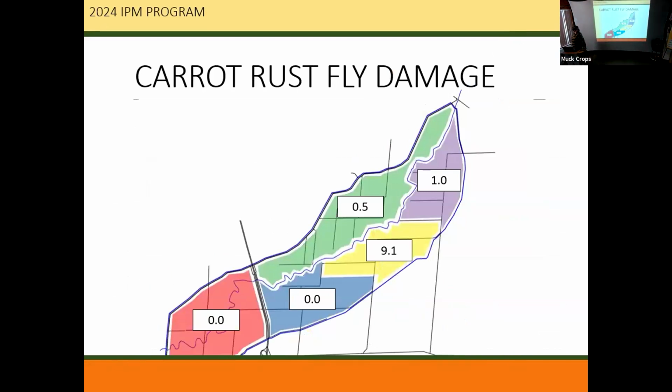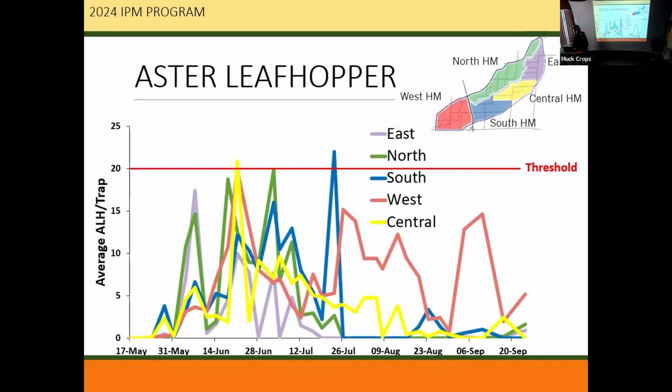That correlated with the damage we were seeing in the marsh: around 0.5% in the north, 1% on average in the east, 9.1% in the central region, and then zeros in the south and west. In terms of aster leafhoppers, I was mentioning that we were finding decently high, consistent populations throughout the season.